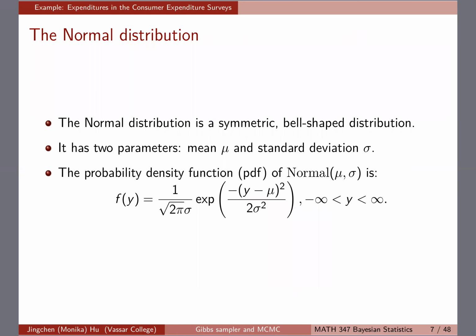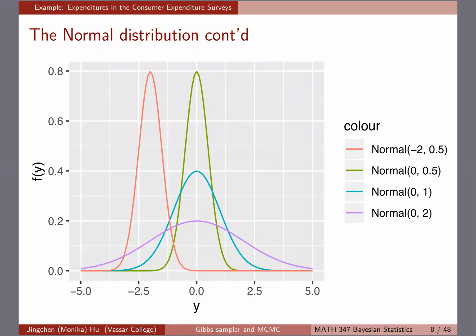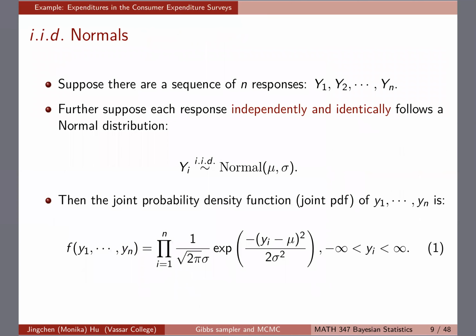So before we get there, again, the normal distribution has two parameters, mean and standard deviation. This is the PDF. And these are the different normals that we looked at before. But most importantly, I would say, when you have each response independently and identically distributed, this is what we call IID, right? And then the key, as you have seen in the derivation exercise that we did before, is that it's very important to know how to write the joint likelihood.